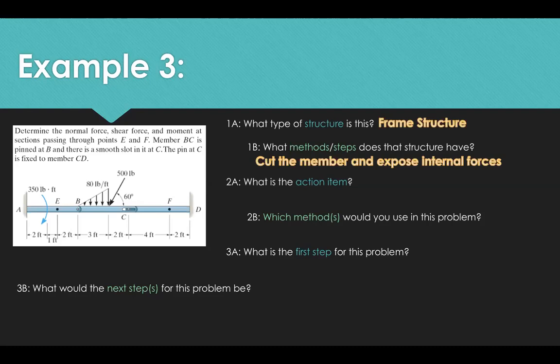So what's the action item? The internal forces at E and F. At E and F. Exactly. So again, there's not really a choice of what methods you use. But what's your first step? You want to separate it so you work only on the BC section because it has the least amount of unknowns.